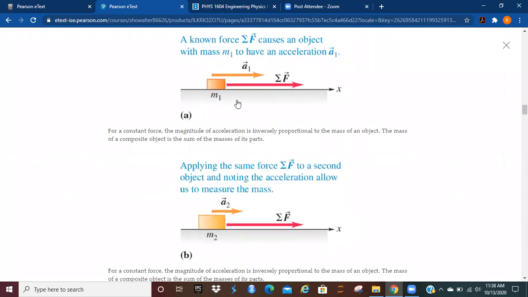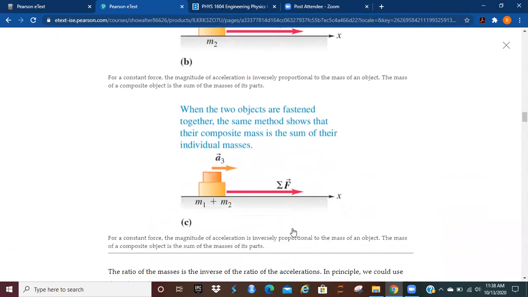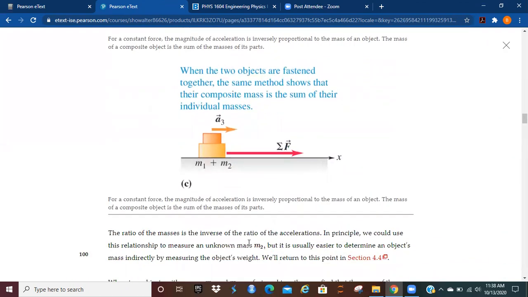So we've got mass 1 and a resultant force, and we determine what its acceleration is. We've got a mass 2 having the same force applied, and we know what the acceleration is.